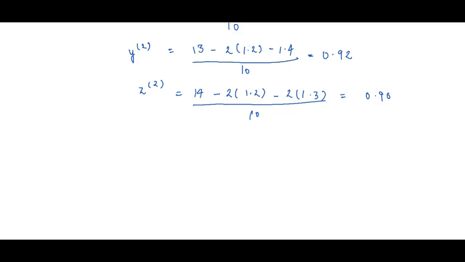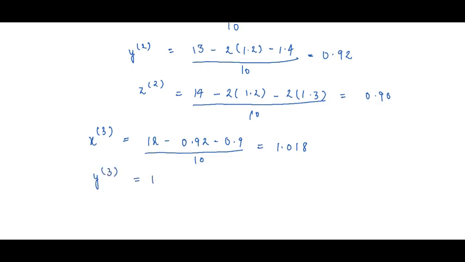And with the third iteration, we get x3 as (12 minus 0.92 minus 0.9) divided by 10 equals 1.018. y3 becomes (13 minus twice of 0.93 minus 0.9) whole divided by 10 equals 1.024.